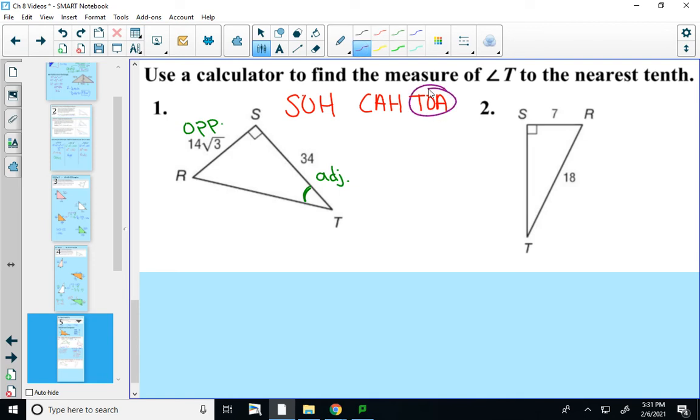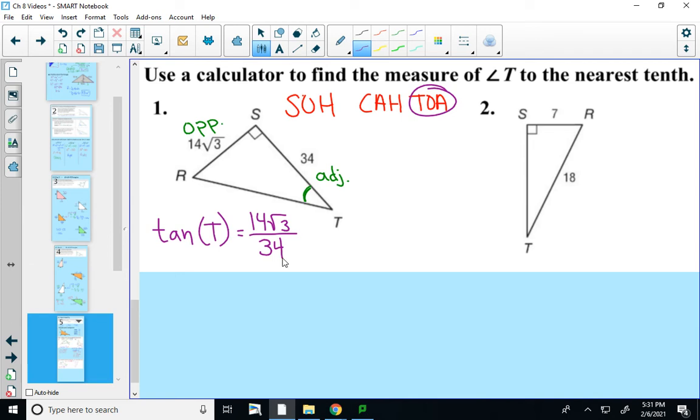So that's the equation that I'm going to set up. We know the tangent of angle T, which is what I'm trying to find, is equal to 14 square roots of 3 over 34.